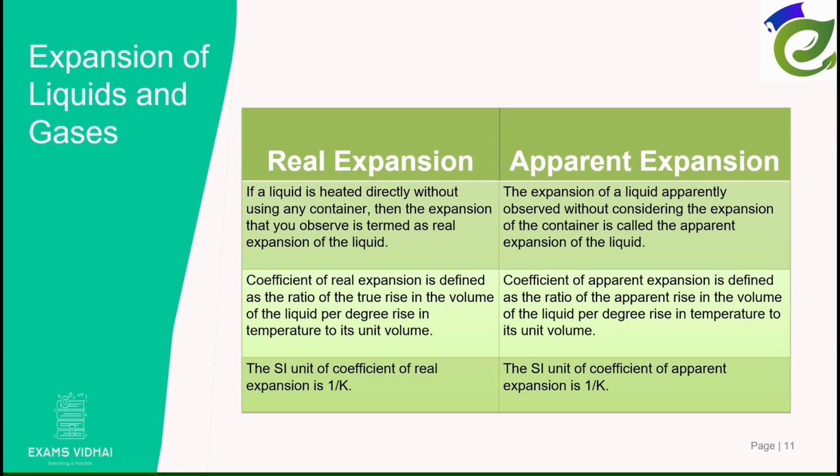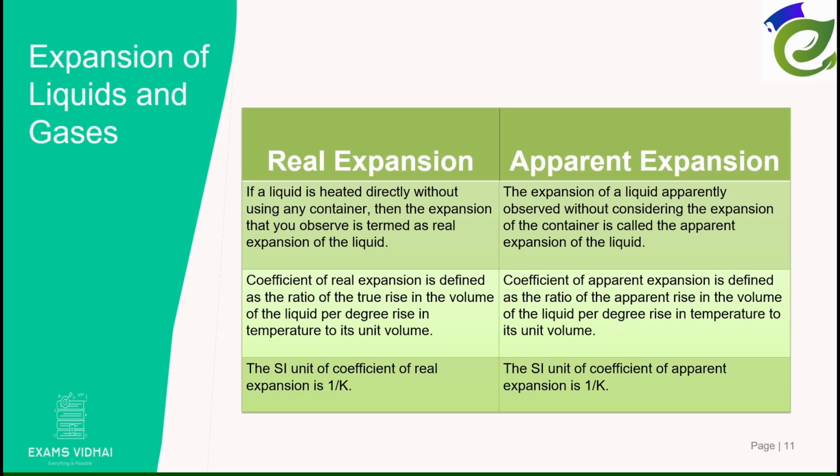The expansion of the liquid apparently observed without considering the expansion of the container is called the apparent expansion of the liquid. So basically, when you heat a liquid or a gas inside of a container, the solid container will also expand, but that will be to a lesser extent compared to the liquid and gas. So that is the major difference between real expansion and apparent expansion.